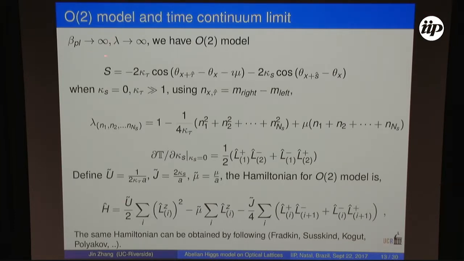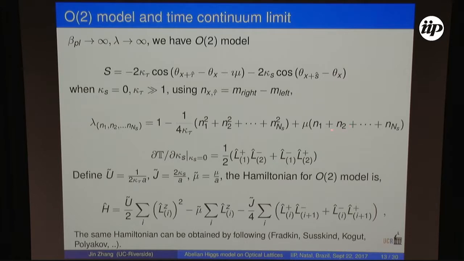Now next we move on to a special limit. Now beta plaquette also equals infinity, and lambda equals infinity. Now we have the O(2) model with the chemical potential here. We still want to find the Hamiltonian formulation, so the time continuum limit is kappa tau much larger than 1, and if kappa s equals 0, we can still find the leading terms of the eigenvalues of the transfer matrix.